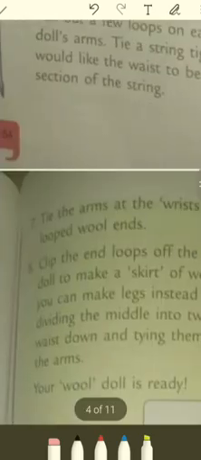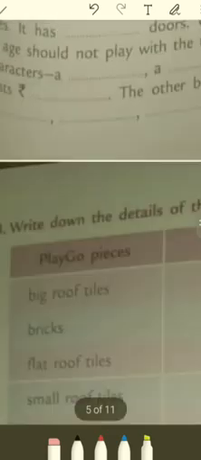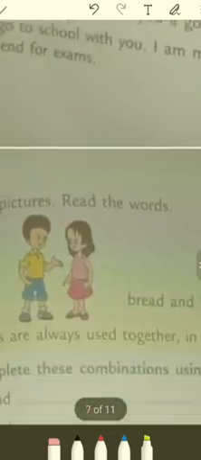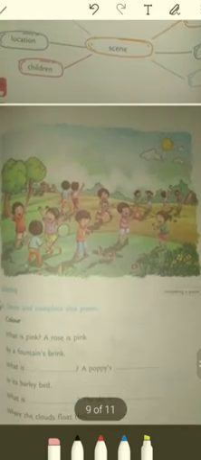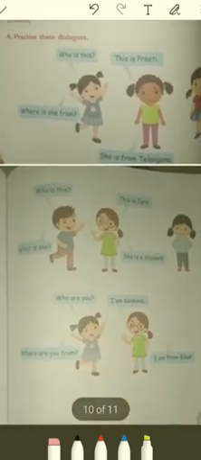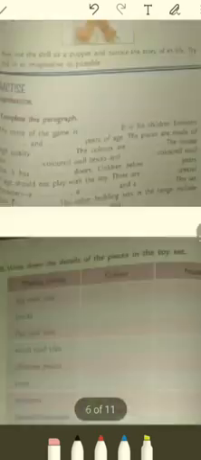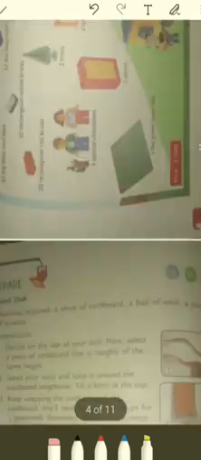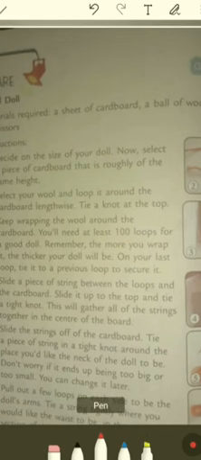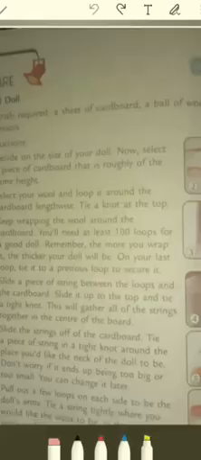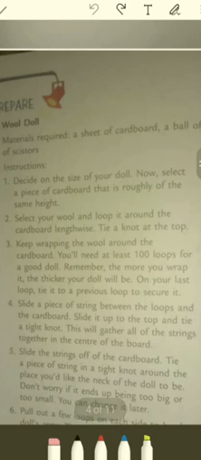Okay, just give me a moment. There is this preparation section.